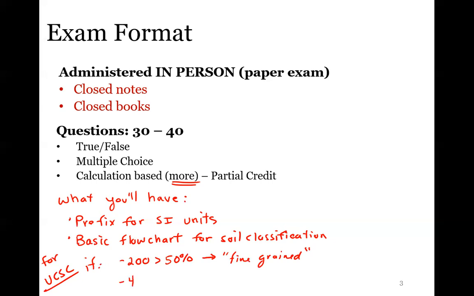Then the number 4 sieve is the differentiation between gravel versus sand. So the number 4 sieve and the number 200 sieve, you need to at least understand those basic things of how we identify whether it is a gravel, fine grained, or sand. All those little in between things, don't worry about that.